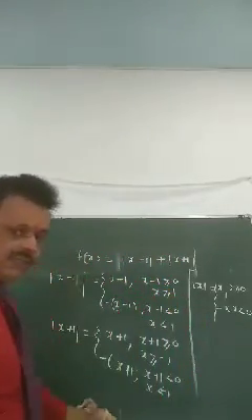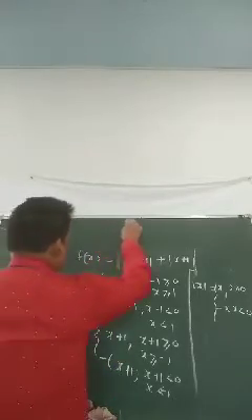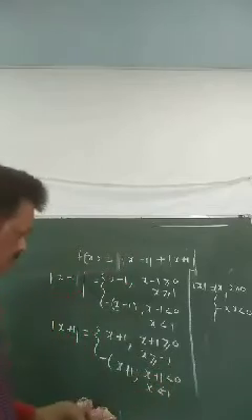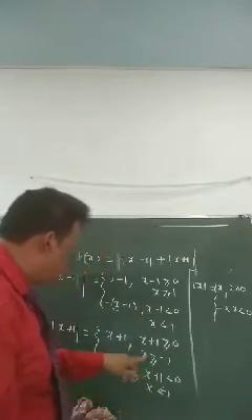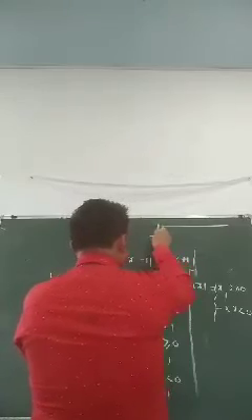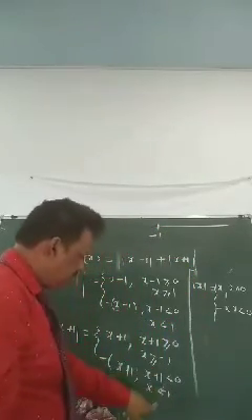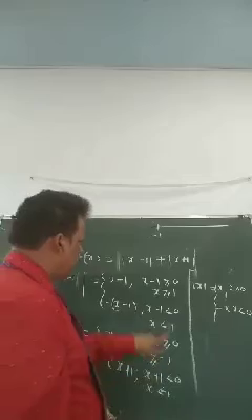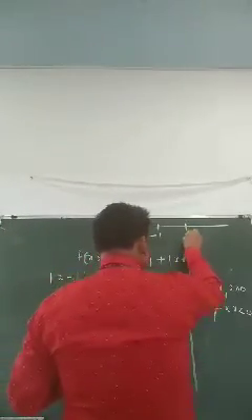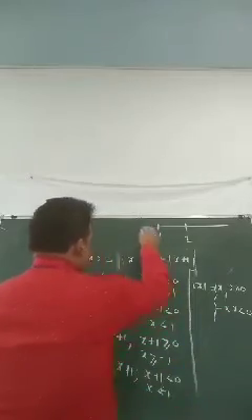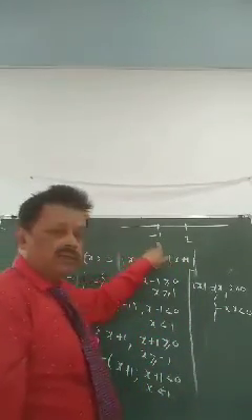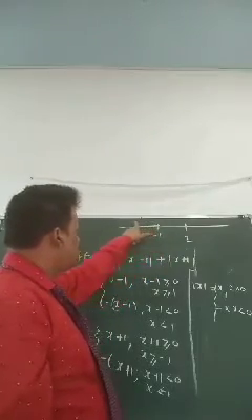Okay. Now you come back to the number line. What are the values you find? You find 1 and minus 1. Because between minus 1 and 1 you are finding one part. So one part of this question is x is less than minus 1.